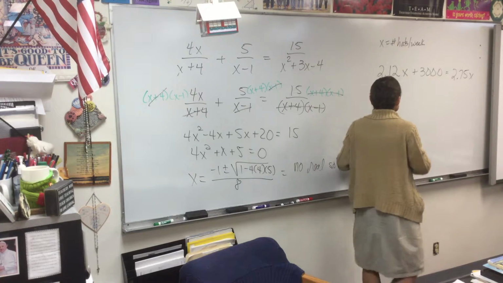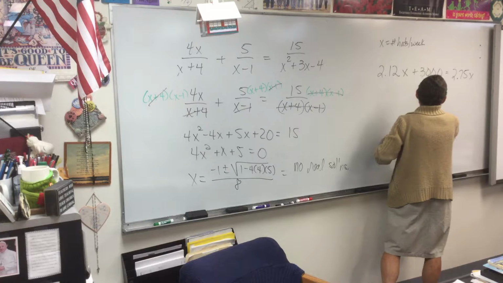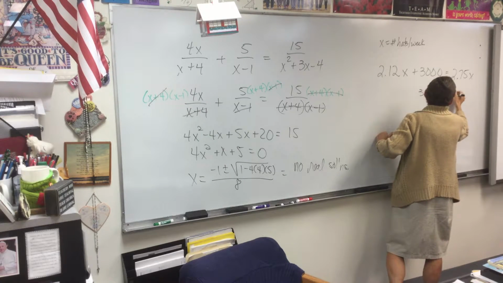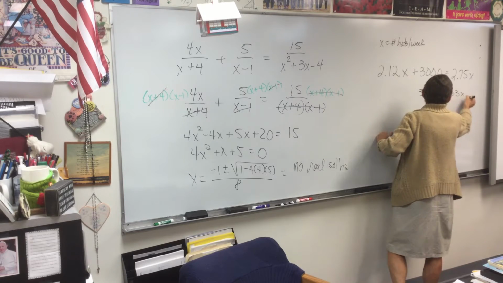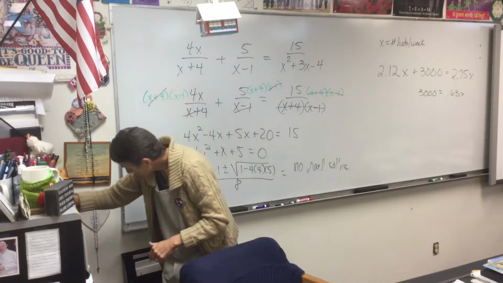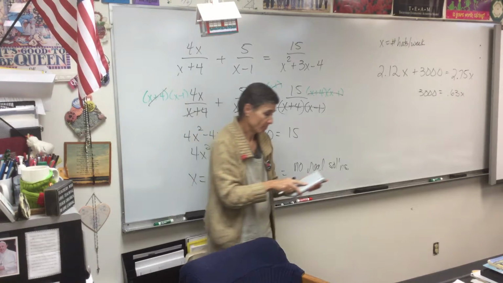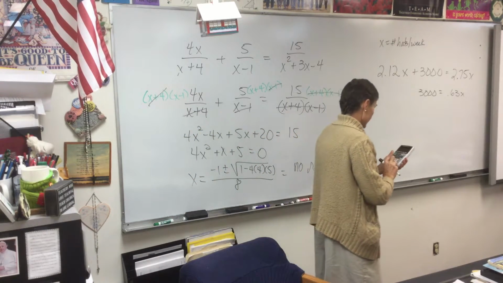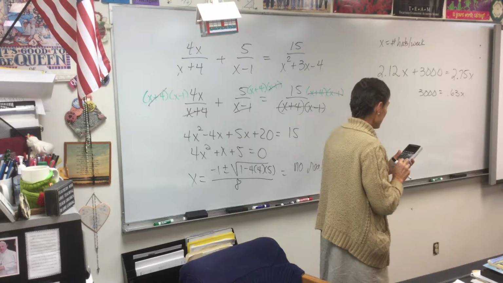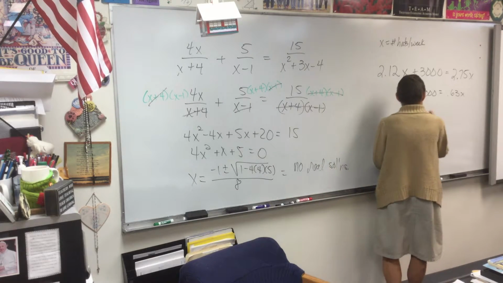So I'm just going to solve this equation. So 3,000 equals 0.63x. Did I subtract right? 3,000 divided by 0.63. I've got to sell a lot of hats.